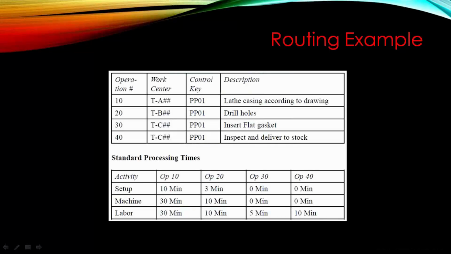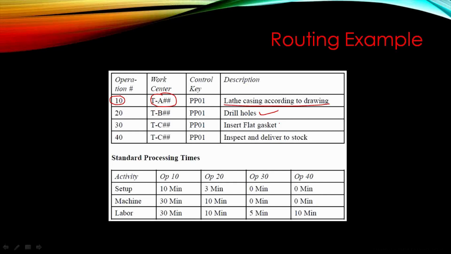So here you can see, for example, operation number first or operation number 10. The first operation is on this work center T-A something, and this is all about lathe casing according to drawing. So in the first operation the product is going through a lathe machine. Then the second operation will be on another machine, drilling of holes.